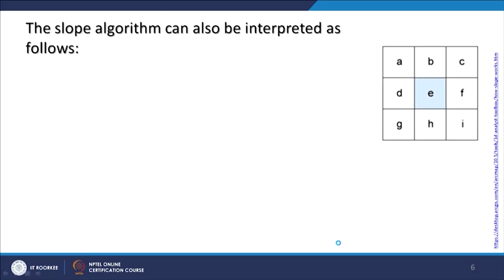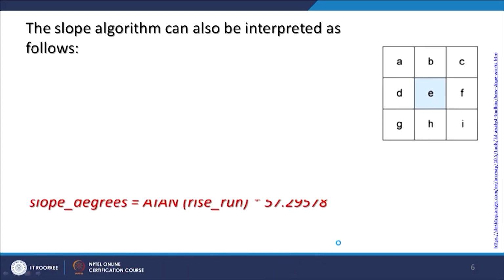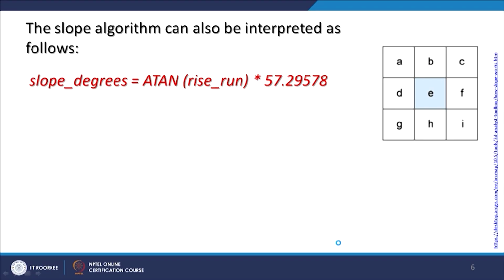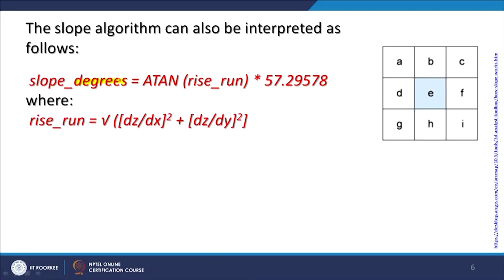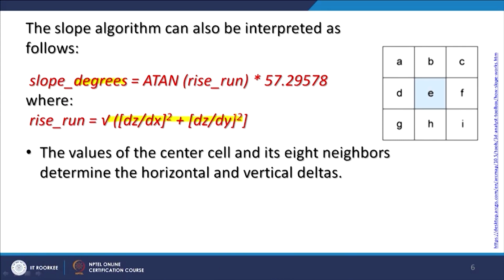Now, the slope algorithm can also be interpreted in this form, like a slope in degrees, where you know that rise over run will be decided based on this expression, and the value of the center cell and its 8 neighbors.